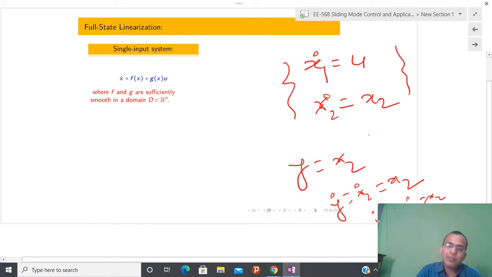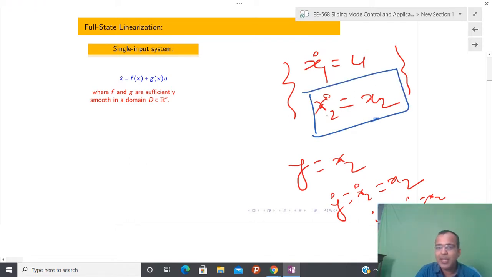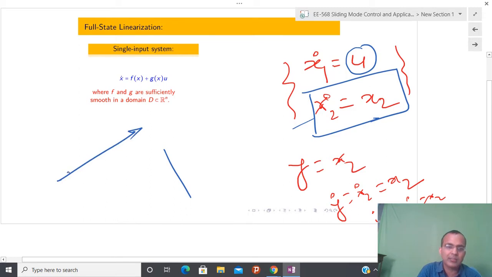One more important thing: if the system is in this form, then since the below part is autonomous, I can treat it as an autonomous subsystem, and I know that this system is unstable. Whatever control you design here, x2 is the solution, e power t with respect to time.